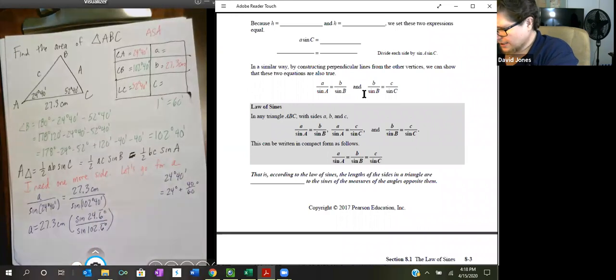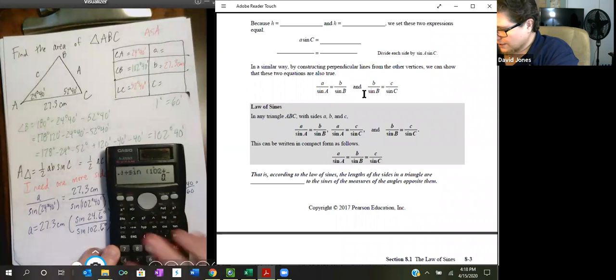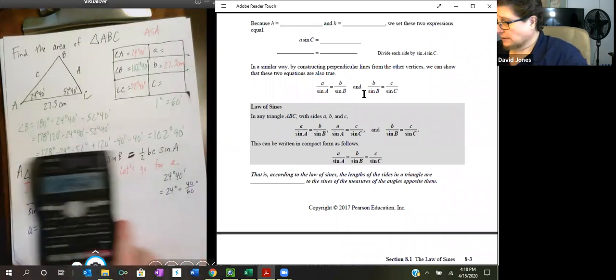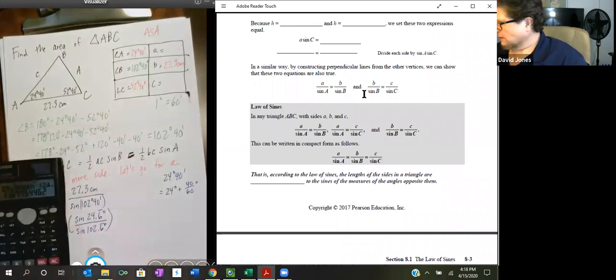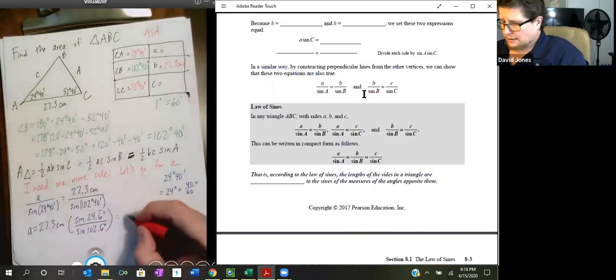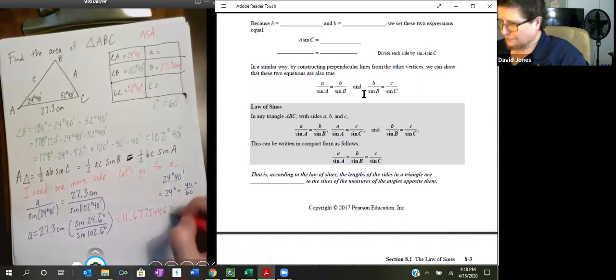Did I have a multiplication sign in there? Yes, I do. And then we're going to divide it by sine of 102 plus 4 divided by 6, or 40 divided by 60. What do I get there? I get 11.67754462.